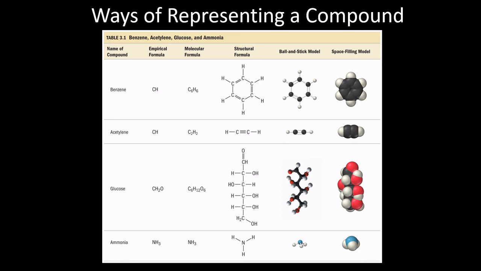They can't tell you the overall structure, but they essentially give you the ratios. That's really all the empirical formula is. It's just the ratios between the base atoms, the atoms that make up the molecule. So empirical formula is not terribly useful, but at the very least, if you come across them in the future, you should have an inkling in the back of your mind of what an empirical formula is.